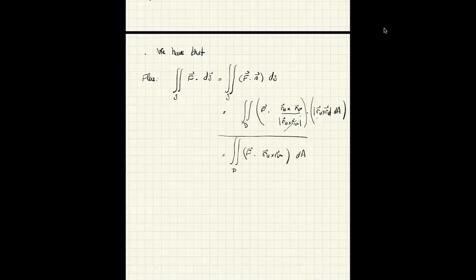So that's the formula you'll need to use, and D is the parameter domain.